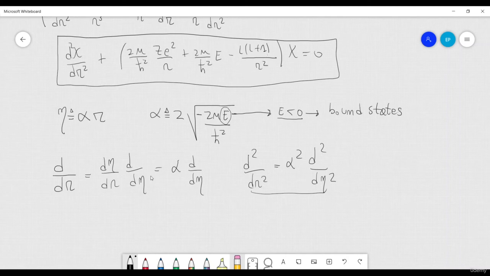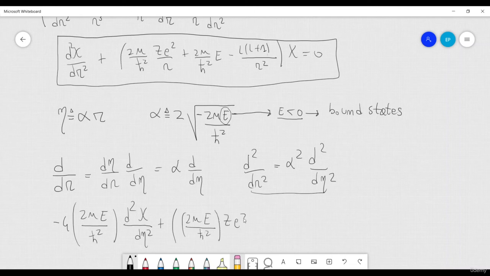With some algebra, you can find that this is equal to minus alpha squared d squared chi over d eta squared plus 2 mu over h bar squared Z e squared divided by eta times alpha plus 2 mu E over h bar squared, plus 2 mu over h bar squared times L times L plus 1 divided by eta squared, and then multiplied by chi, and this is equal to 0.